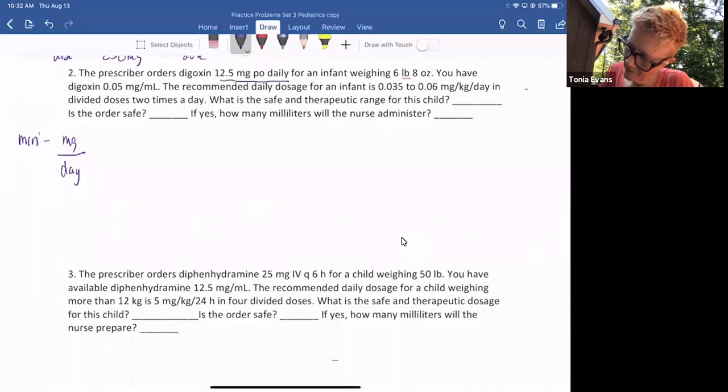So that's what we've got ordered. All right, 0.035 milligrams per kilogram per day. That leaves me with milligrams a day. Just need to get rid of that kilogram.